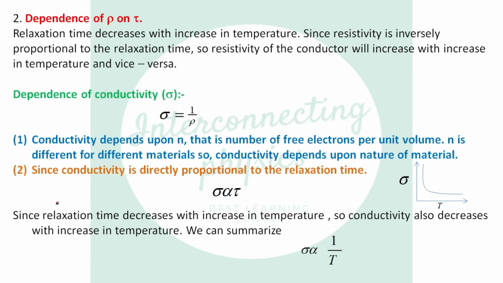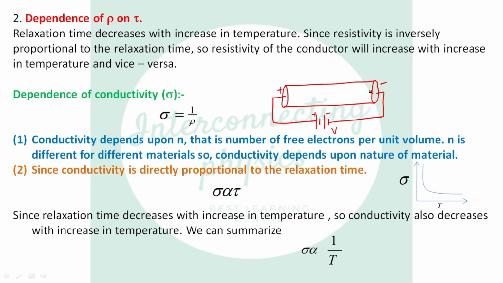Now number two, the relaxation time. What is the relaxation time? It is the time between two successive collisions. Let us consider a conductor. Some battery is connected across the ends of the conductor having potential difference V. This is positive, this is negative. Now, when an electron starts moving from the negative end to the positive end, what will happen?